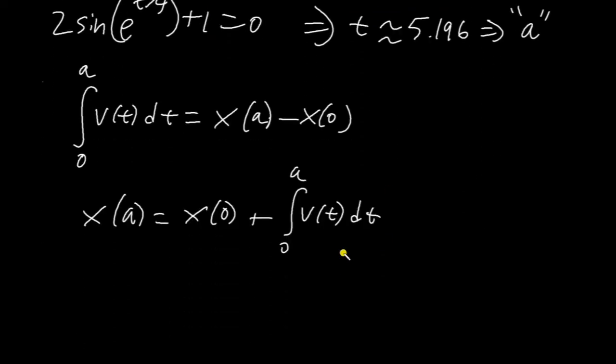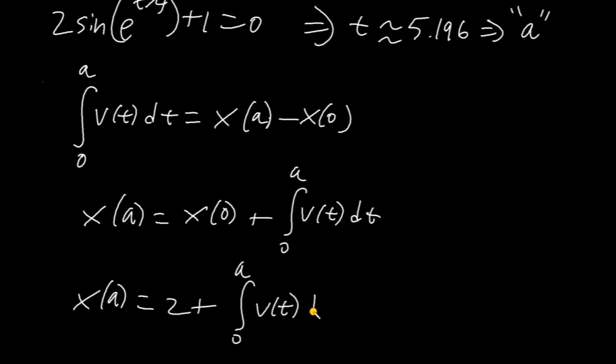And then we know the velocity function, so we can figure out that x of a is 2 plus the integral from 0 to a of the velocity function. I'm not going to write it out again, you know what it is by now. Then if I evaluate this in the calculator, I get 14.135, and that is the answer.